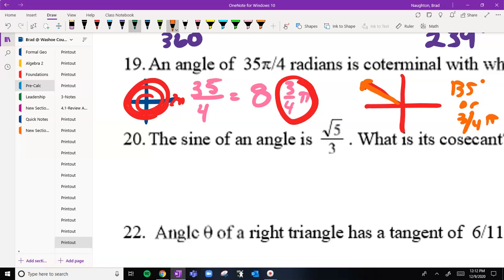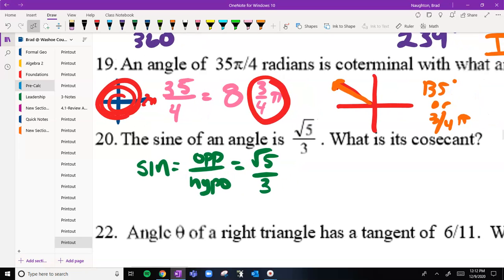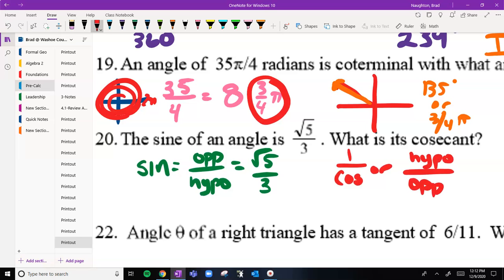Alrighty. So number 20, we are all about the sine. Sine is opposite over hypotenuse, and that is √5 over 3. Cool. And then we're looking for cosecant. Cosecant is the same as 1 over sine, or we could say it's hypotenuse over opposite.